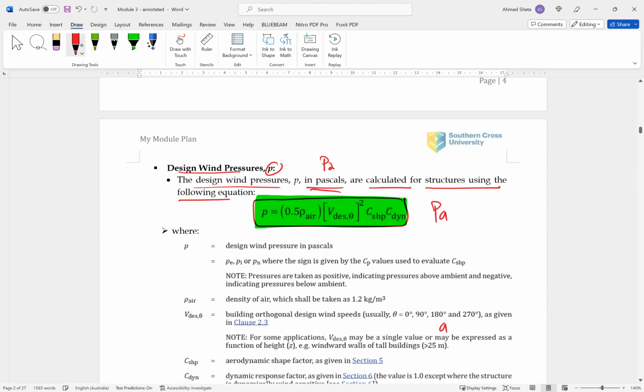The parameters in this equation are p, which is the design wind pressure in Pascal, and can be p external, p internal, or p net, depending on the case you calculate, where the sign is given by C shape values used to evaluate C shape. So this is all for p.